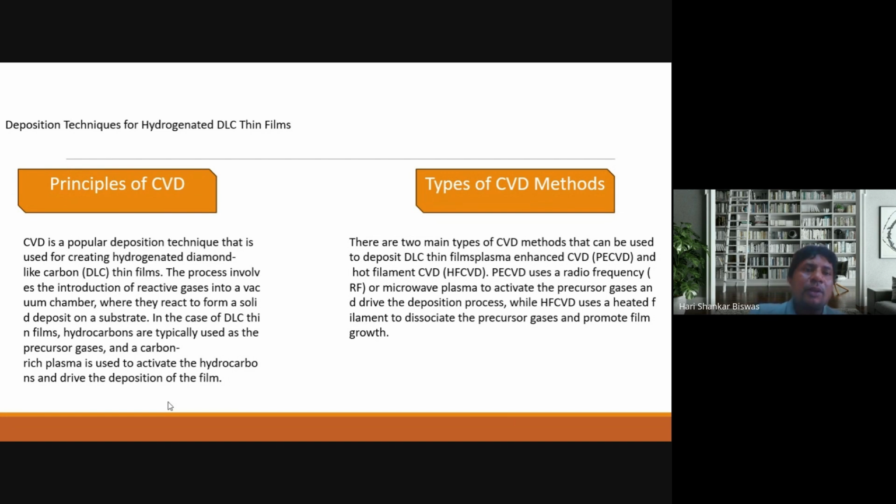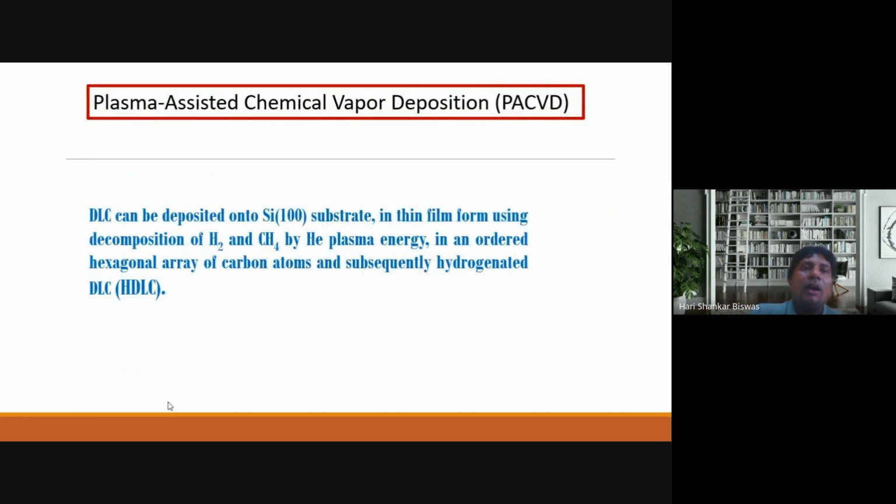As for the principle, there is chemical vapor deposition and plasma assisted chemical vapor deposition, which we used.